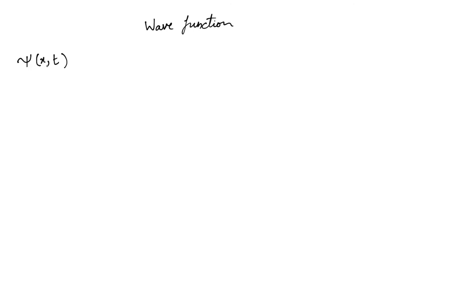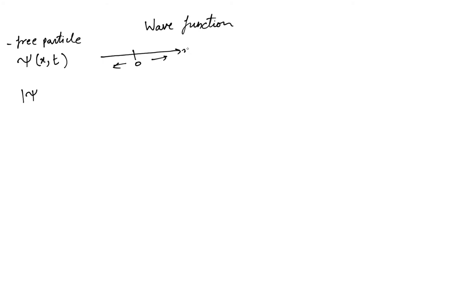So here, let's take an example of a free particle. We have a particle that is free to go anywhere. It is just free and can travel throughout the universe. Let's say the wave function is given as psi(x, t). What does that mean? It means that it can travel anywhere on the x-axis, here or here.